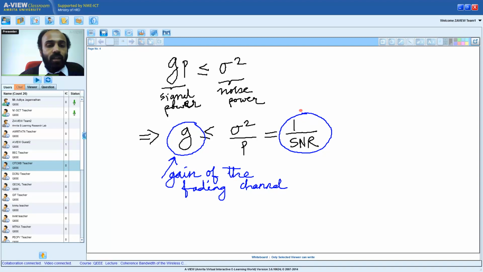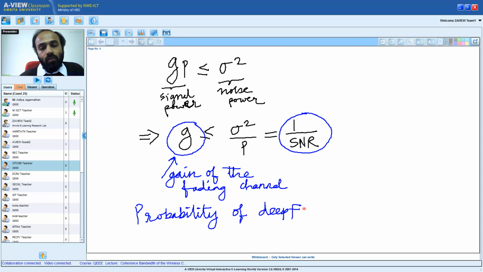Now, can someone tell me what is the probability of deep fade? The probability is equal to the probability that G is less than or equal to 1 over SNR.